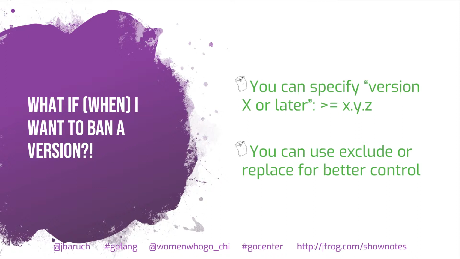There are two things that Go does that make your life much easier than in other languages. First of all, Go mod will include both your direct dependencies and your transitive dependencies. This is very different from a lot of other dependency managers in which you need to write special commands in order to determine what the real dependency tree is, because in your dependency declaration you only see the stuff that you declared.